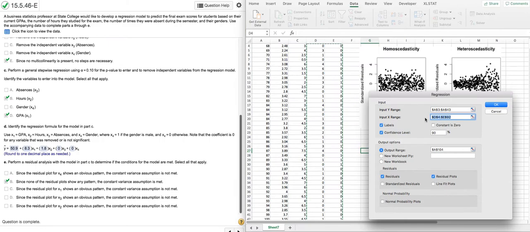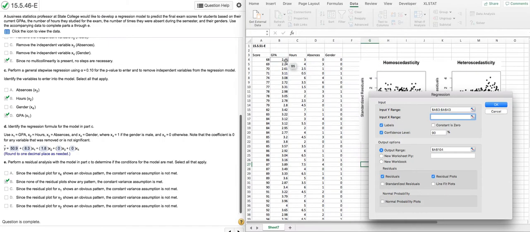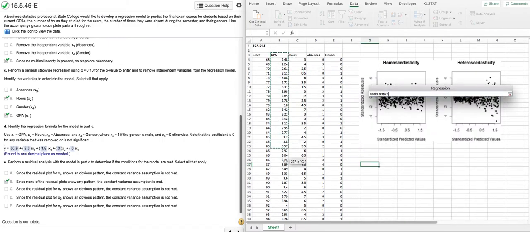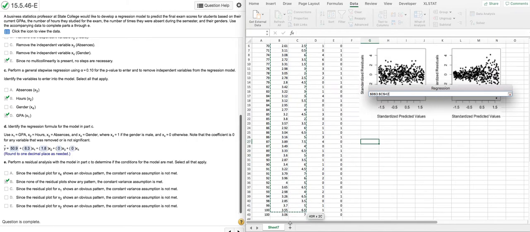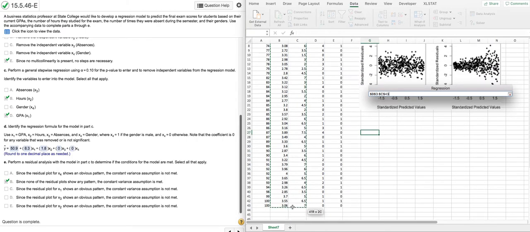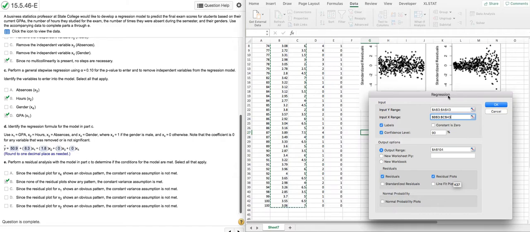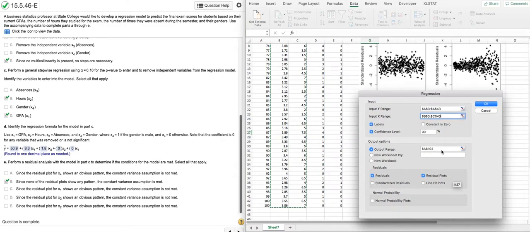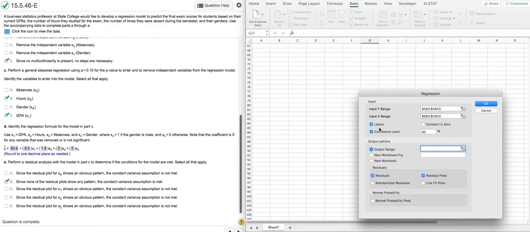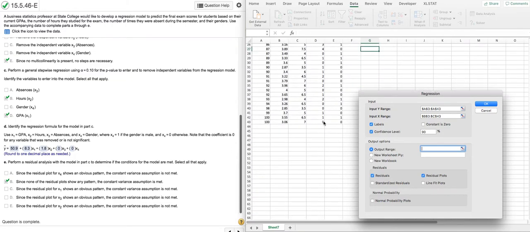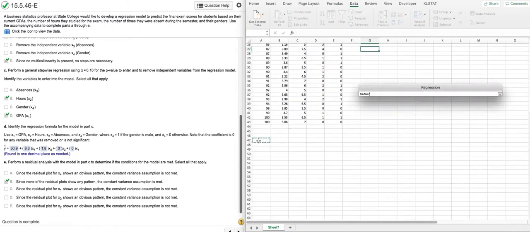And for the independent variables, we're just going to have the first two, GPA and hours. So we can duplicate our model coefficients and our linear regression equation in the data analysis toolpack. For output, I'm going to go ahead and place that down here.